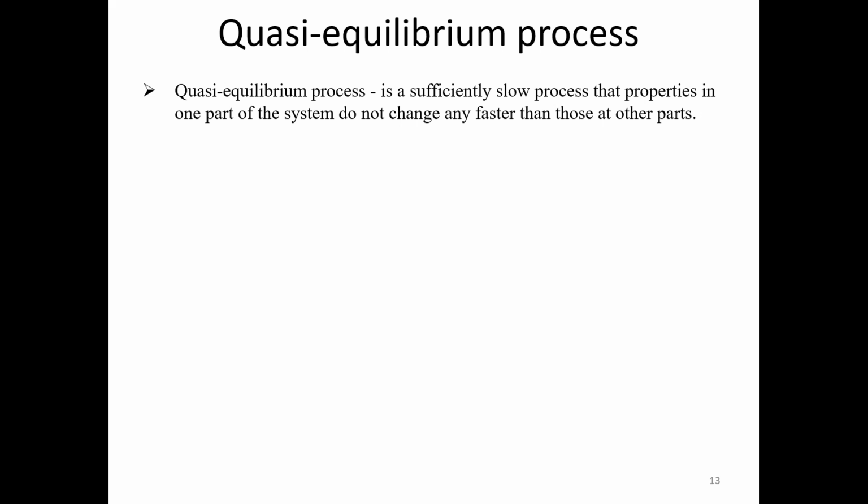We refer to the ideal process, first of all, to start our analysis with minimum change or requirement or variables. And then once we know the ideal case, we try to add more factors or more variables to make it a real case. So we call this the quasi-equilibrium process. We will not go into details here, but just let you know what it means.